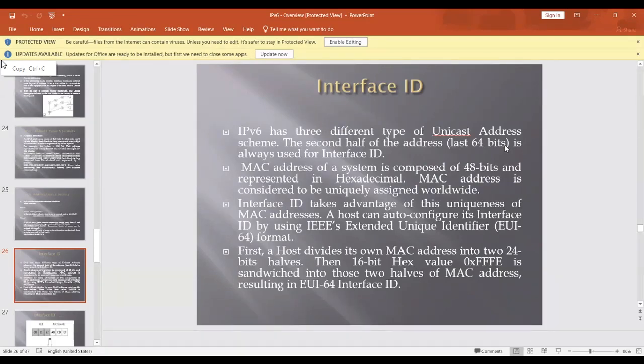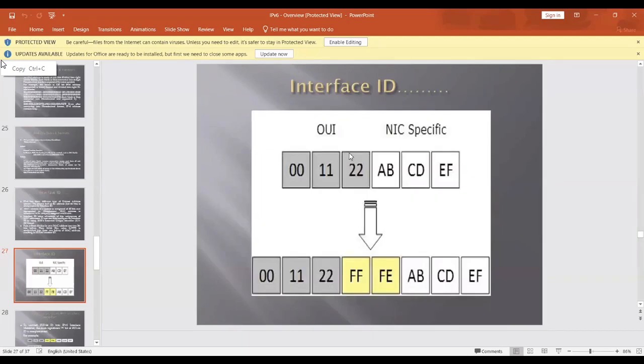that is, the FFFE block. I'll show you how to do this, right? So this is the MAC address of a particular device, and it is a 48-bit address. What we do is transplant the FFFE block in between these two sides, because most of the time the MAC address is made up of two parts.